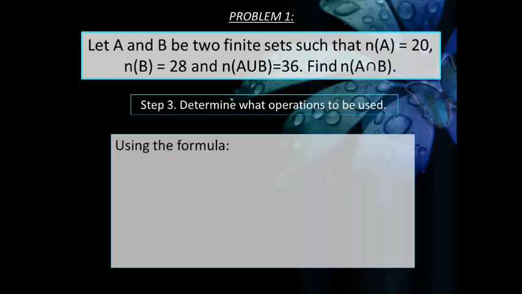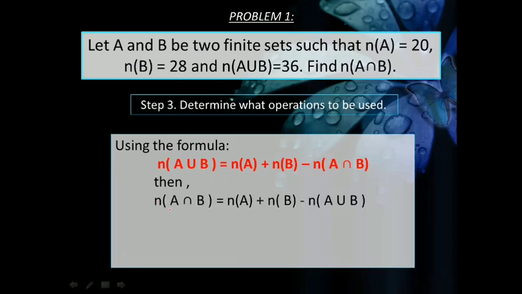Using the formula, the number of elements of A union B is equal to the number of elements of A plus the number of elements of B minus the number of elements of A intersection B. This formula is used for finding the cardinality of sets.